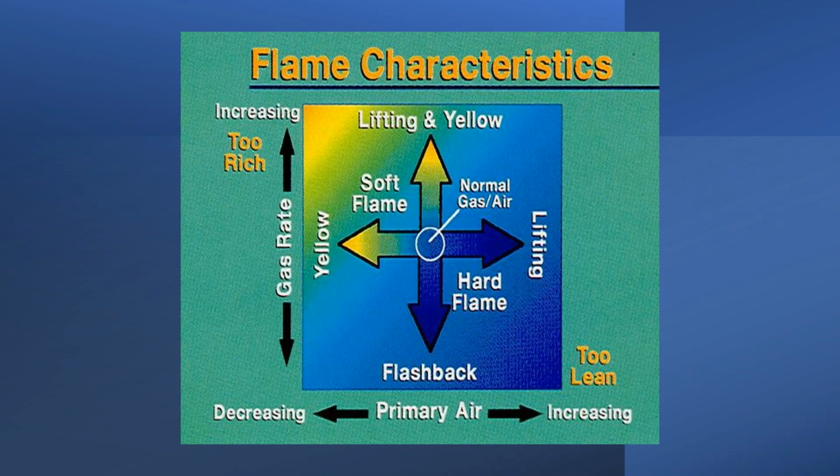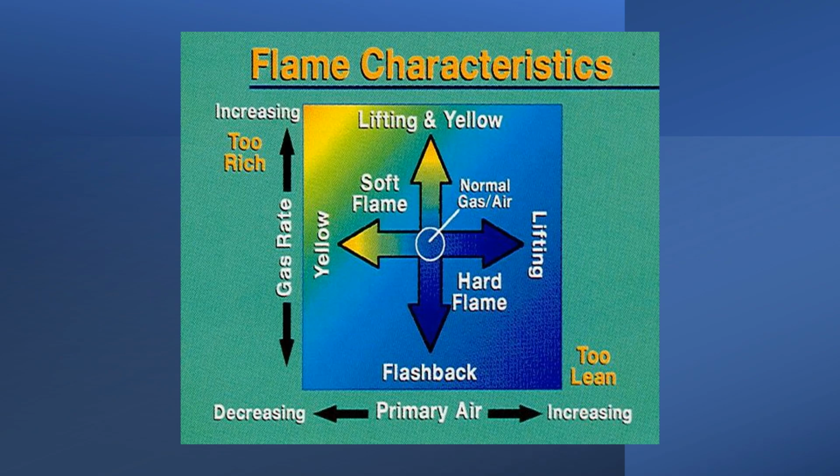In your training, you may have seen a chart like this, which shows the flame characteristics of a burner. By increasing the gas rate or the gas pressure, we can become too rich in our setting. By decreasing the gas rate, we become too lean.